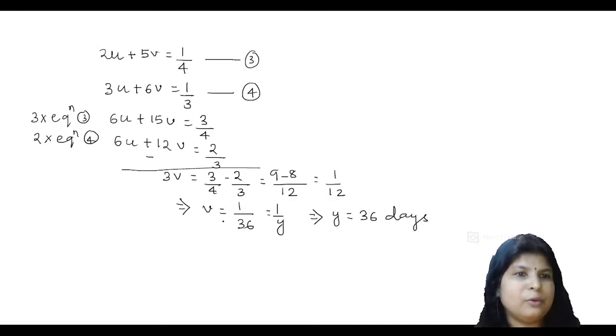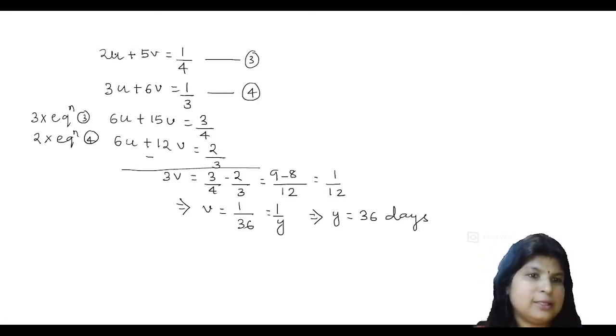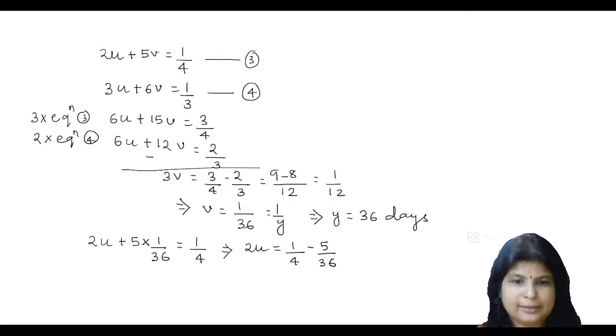Now this value of v I can put in any of the equation to find out what is the value of u then. Okay, so now let us put 2u plus 5 into 1 divided by 36 is equal to 1 by 4. It implies your 2u is equal to 1 by 4 minus 5 divided by 36.